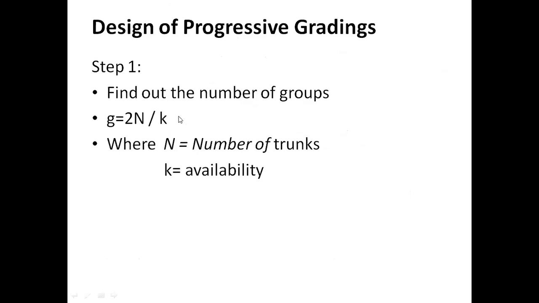K is the number of outlets per switch that you have already seen in the diagram we discussed. We'll see in detail how the values of N and k are used in the design of a system. Capital N represents the number of trunks coming into the switch, and k is the number of outlets available on a particular switch.